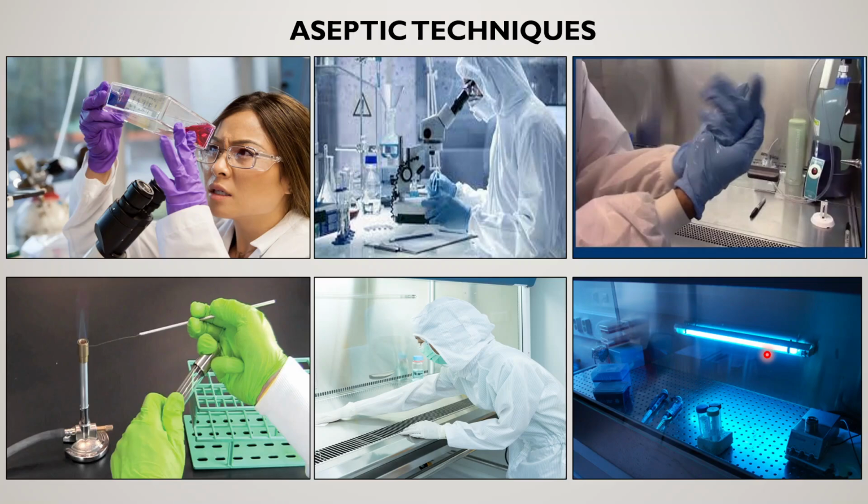So autoclaving is another method of sterilizing your cell culture equipment. It acts like a steam sterilizer and is used to sterilize water, lab equipment, etc. It uses steam under pressure to kill any kind of bacteria, viruses, and spores present in the equipment or the cell culture media.